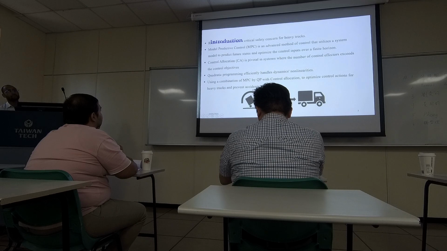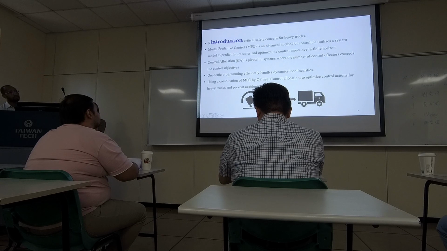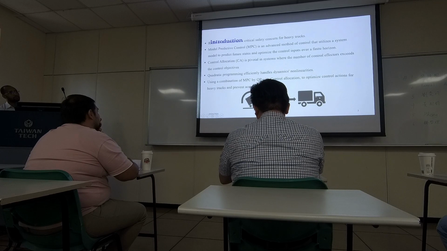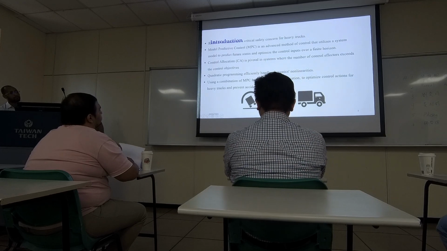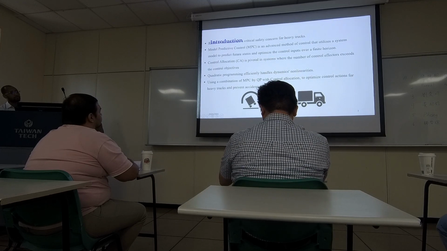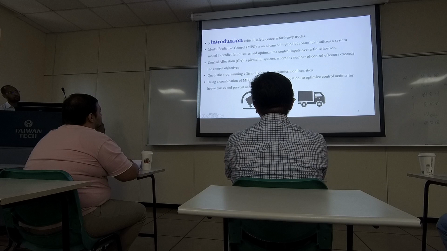And control allocation is pivotal in systems where the number of control factors exceeds the control objectives. And quadratic programming efficiently handles dynamics nonlinearities. We're using a combination of MPC by QP with control allocation to optimize control actions for heavy trucks and prevent accidents.